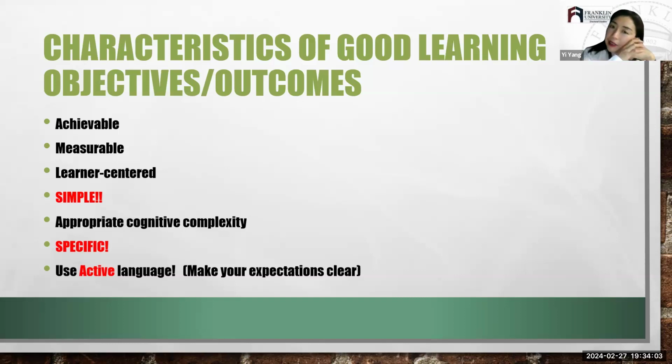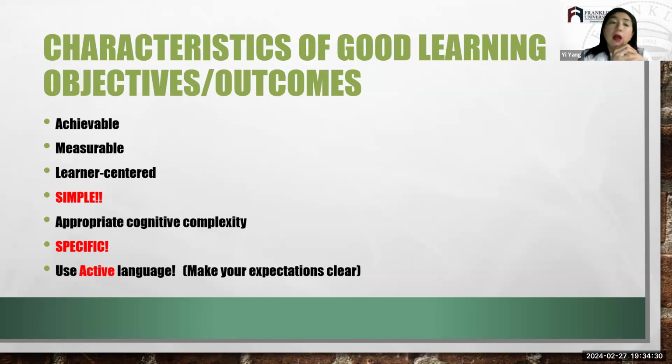And I have seen some outcomes that have like 100 words in them, like 2 or 3 lines. No, make your outcomes as simple as possible, because the more wordy your outcome or objective is, the more cognitive load you're adding to your learners. So make it simple.